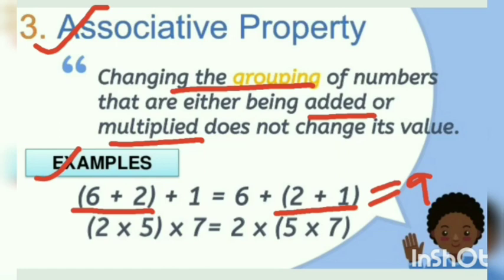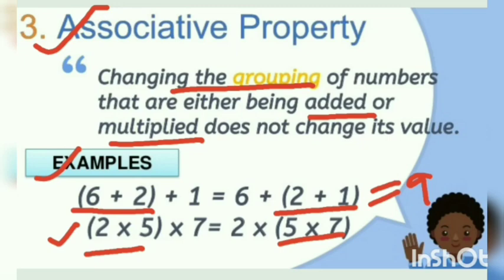Now we will see the same for multiplication also. In terms of multiplication, we have taken A as 2, B as 5 and C as 7. Firstly, we group 2 and 5. So 2 into 5 is 10 and 10 into 7 is 70. Now in the second part, we group 5 and 7.